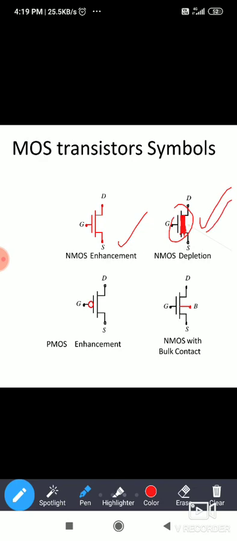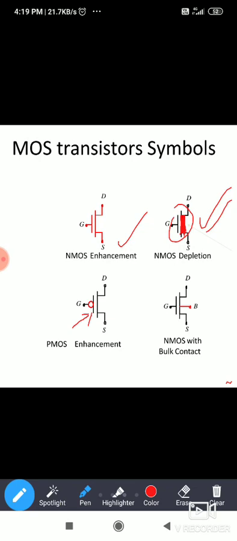And here PMOS enhancement mode. Here in PMOS the charge carriers are holes. So here we can see just the hole symbol, a circle, for PMOS. And NMOS with bulk contact.